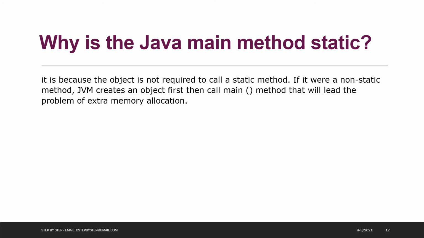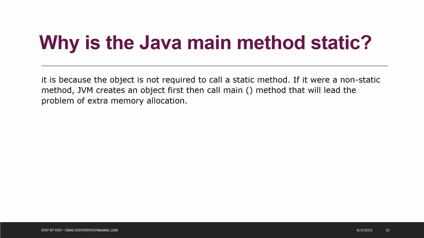This is another important question that has been asked in many interviews. Why is the Java main method static? It is because the object is not required to call a static method. We already learned that we don't need an object to call a static method.